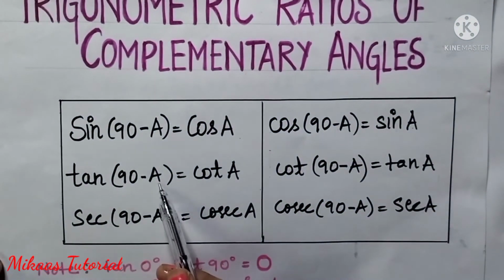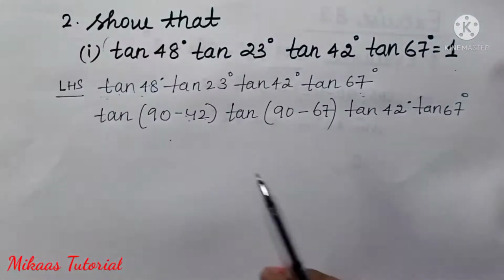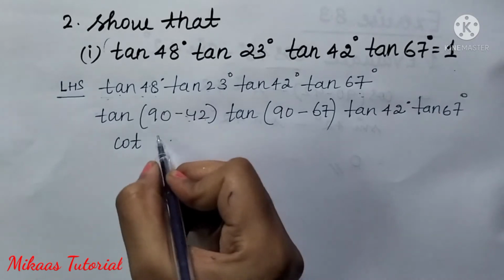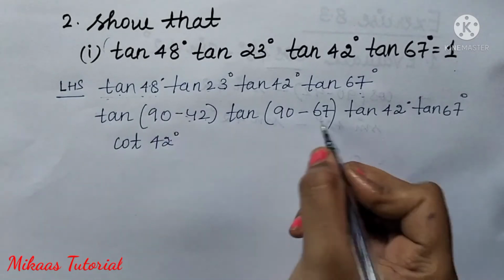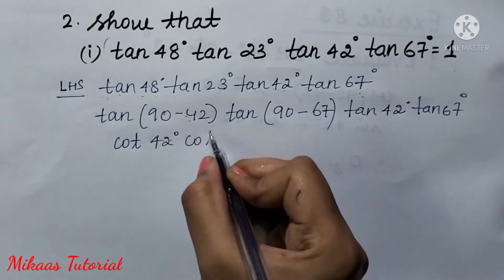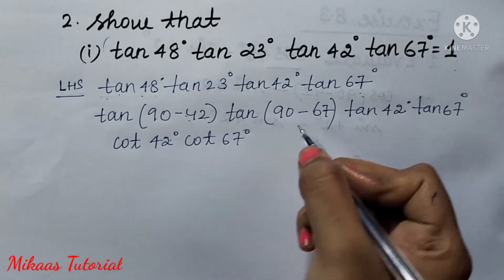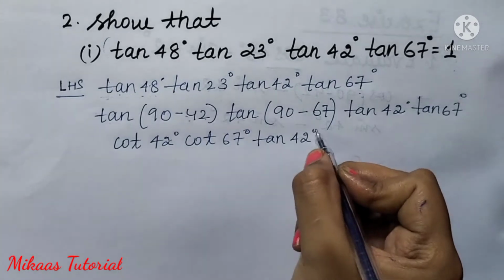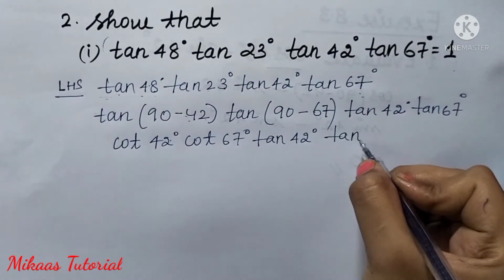Tan 90 minus theta is cot theta. So, tan 90 minus 42 is cot 42. Same way, tan 90 minus 67 is cot 67. The rest you can write the same way, tan 42 and tan 67.